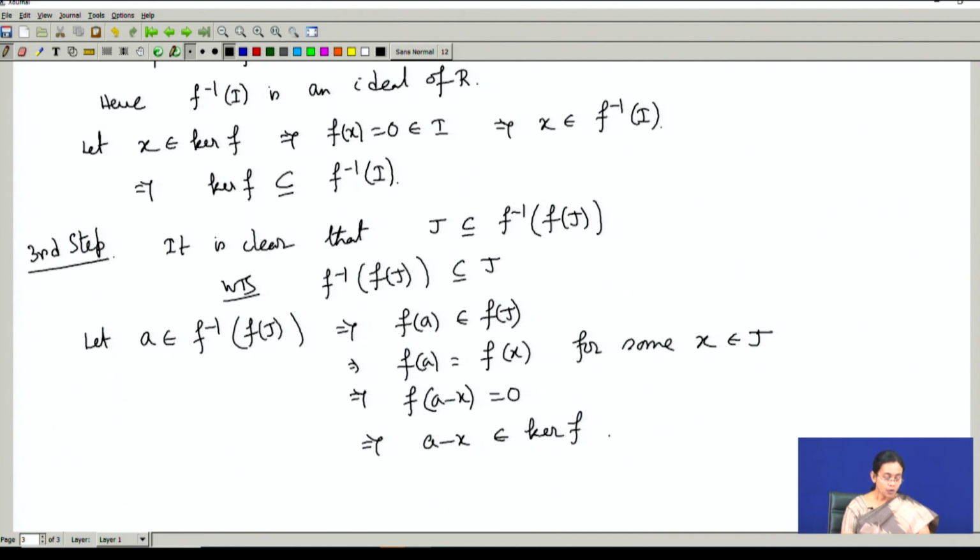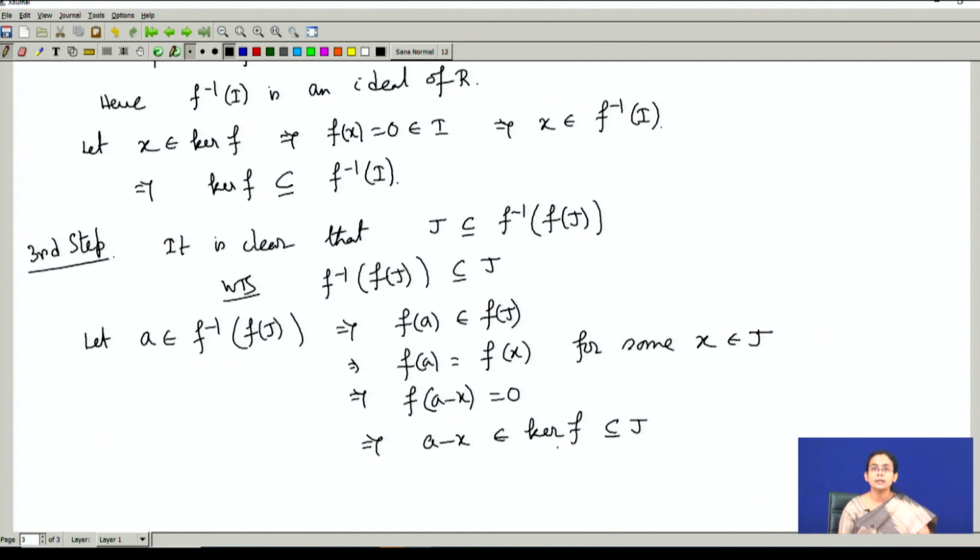But what do I know? That the kernel of f is contained in J, because I have started with an ideal which contains the kernel. So, J was an ideal in the set of ideals of R containing the kernel.